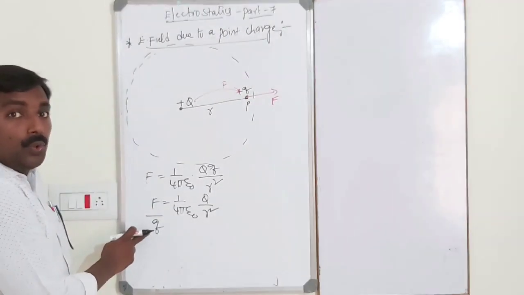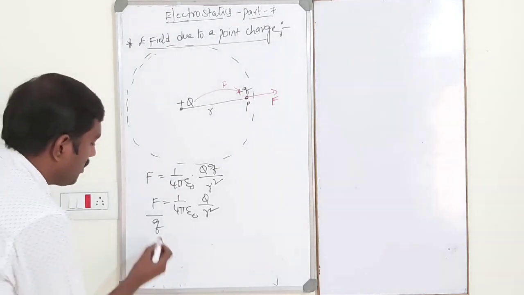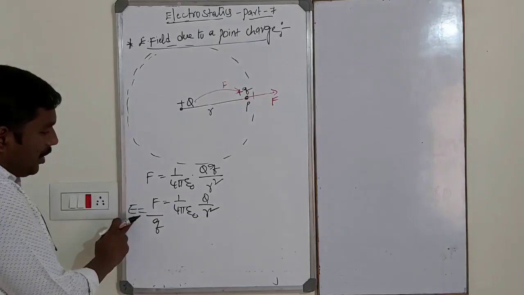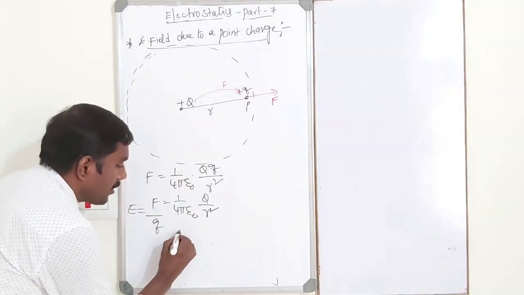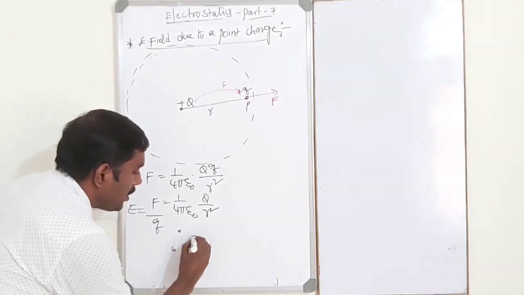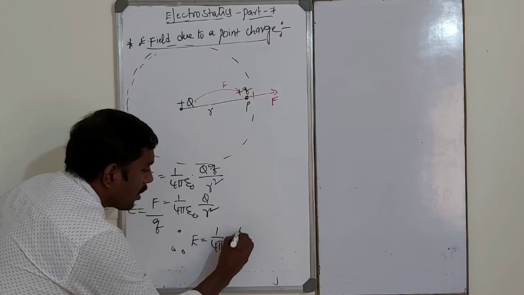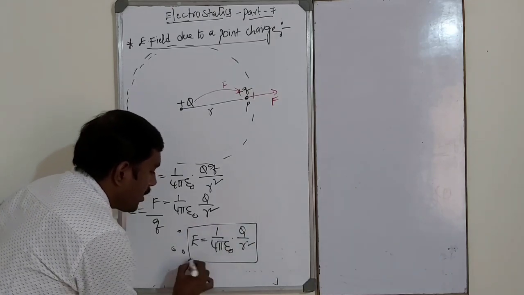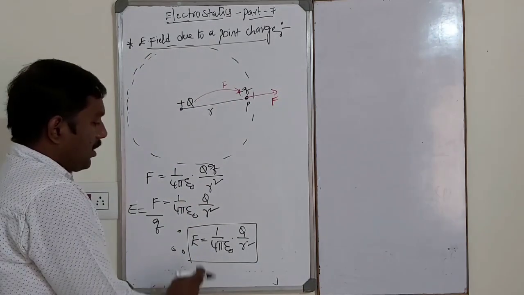Force per unit charge is nothing but simply electric field strength, E. So E is equal to 1 over 4 pi epsilon naught Q by r square. See, dear students, this is the expression for electric field due to a point charge.